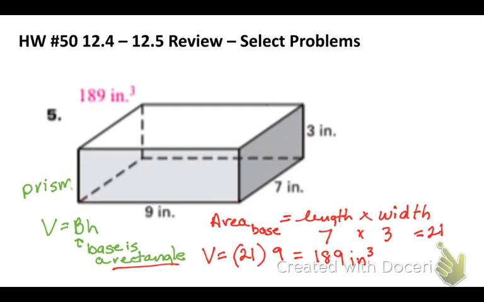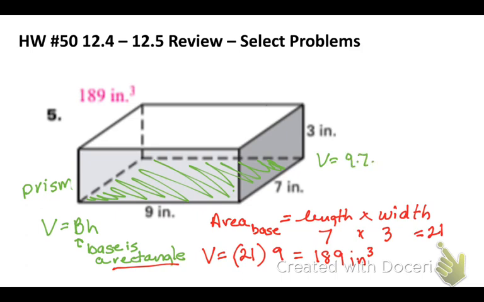Just to show you, if I happen to use the bottom as a base, the V would be equal to the area of the base, which would be 9 times 7, and then remember my height is perpendicular to the base, so that would be my 3 inches right here.